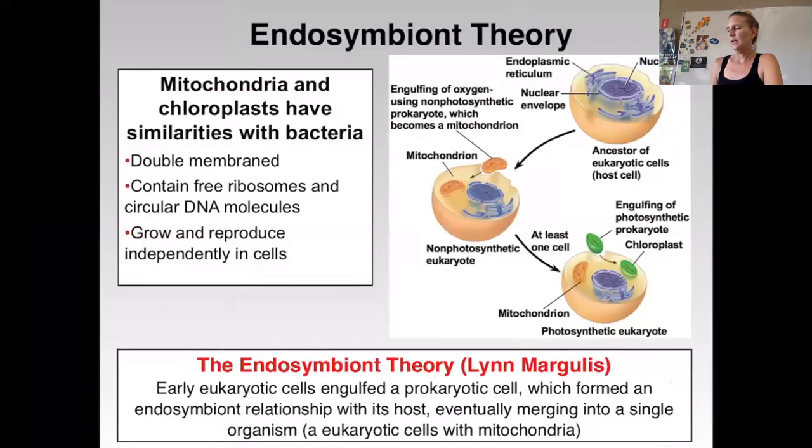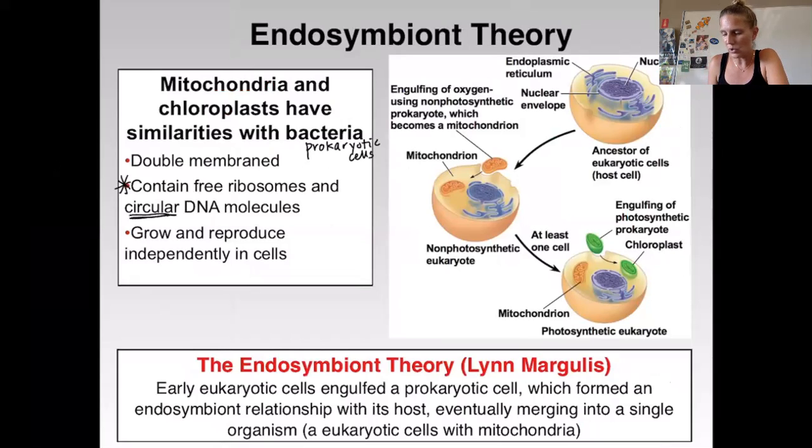All right, so mitochondria and chloroplasts have many, many similarities with bacteria. And when I mean bacteria, I mean prokaryotic cells, all right? They have many similarities. Some of those is that they contain free ribosomes, right?